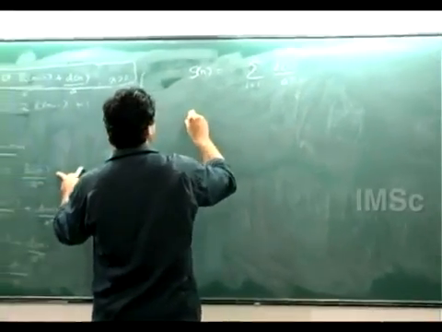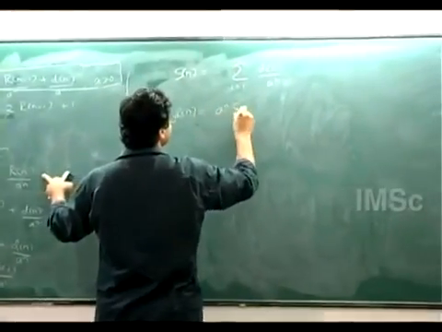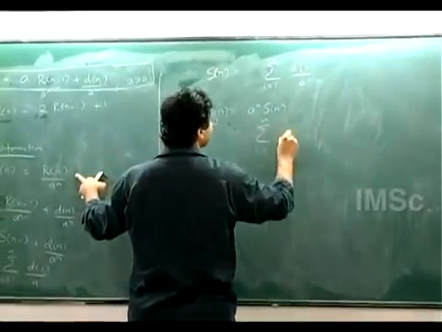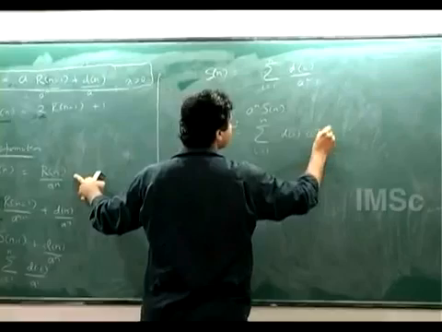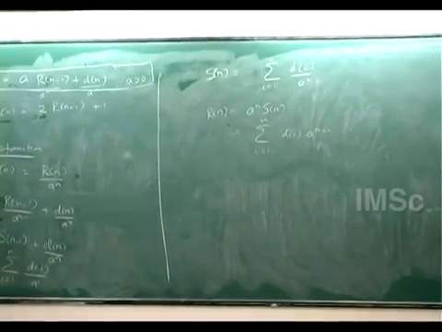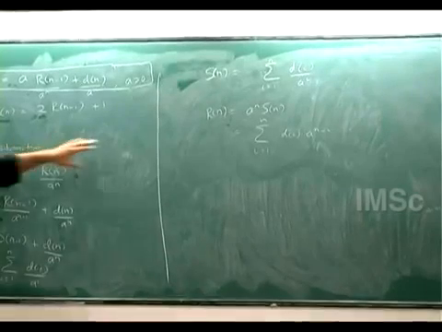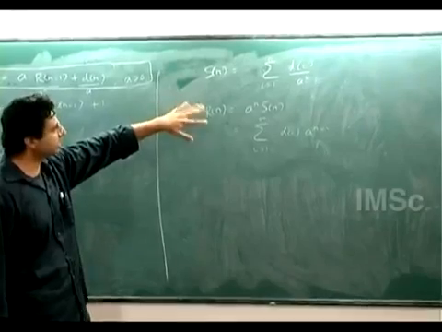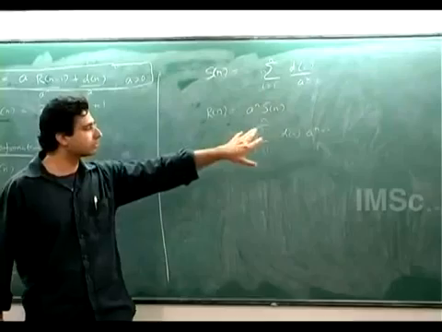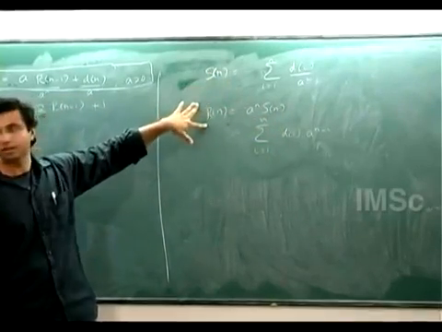From the definition, R of n is a raised to n times S of n, which is just the sum of d i times a raised to n minus i. Again, we have expressed the solution for a recurrence in terms of a sum, and if we can compute the summation easily, then we have a closed form for our recurrence.